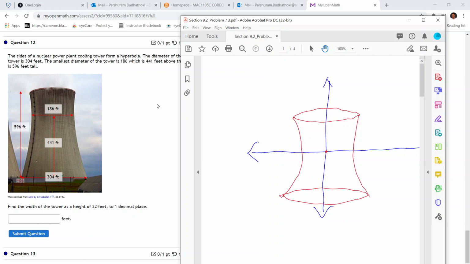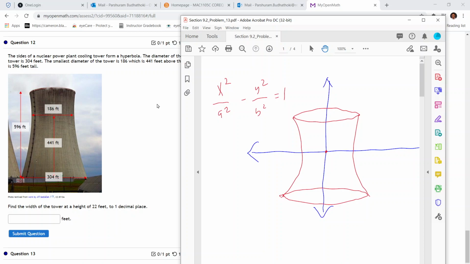Okay. So the equation of a hyperbola with center at origin is x squared over a squared minus y squared over b squared equals 1. And the distance from here to here, which is the smallest diameter, is 2a.